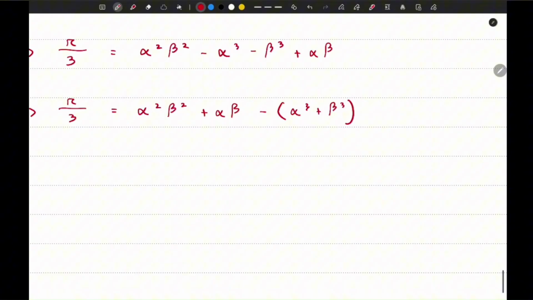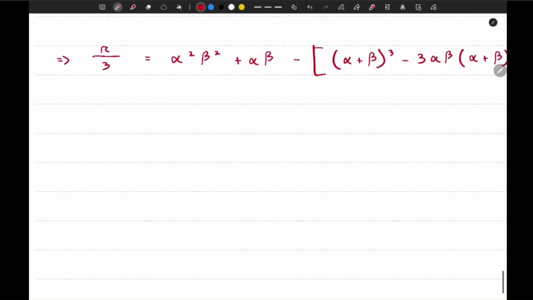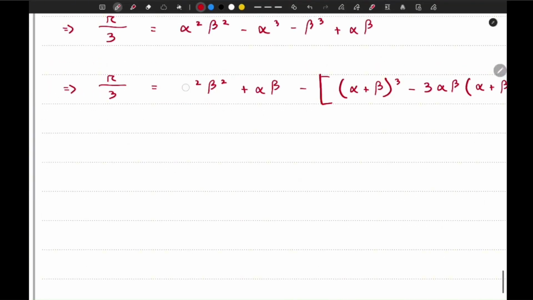Now in order to find the alpha cubed plus beta cubed value, we can write this as alpha plus beta whole cubed minus 3 times alpha beta multiplied by alpha plus beta. I have missed a part in the question, which I will do at the very end, and then you can understand where this term came from. And we can write this as alpha beta whole squared.